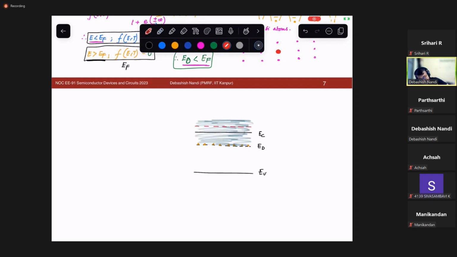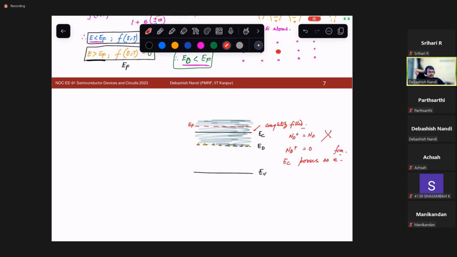Because if this is EF at 0 temperature, that means EC is completely filled, or EC can be completely filled. When can EC be completely filled? When your ND plus is equal to ND, but this is not true. We know that ND plus has to be equal to 0. That means EC, or the conduction band, possesses no free electron.